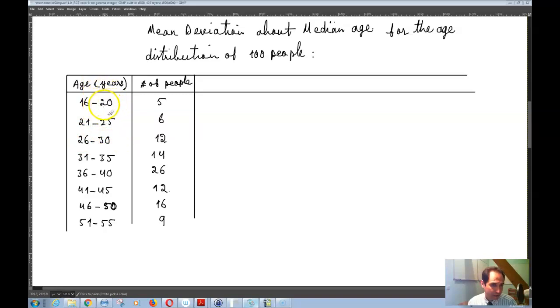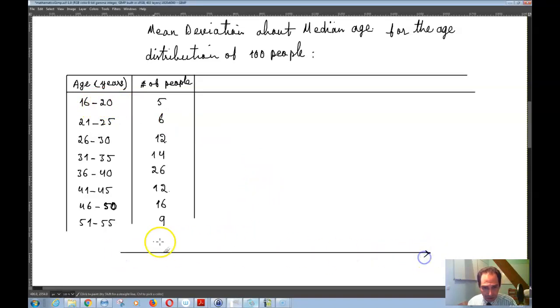That means that if you take a look at this on a number line, let's say this is 16, and then you go 17, 18, 19, and 20, and then you have 21, and then 22, 23, 24, 25, and so on.